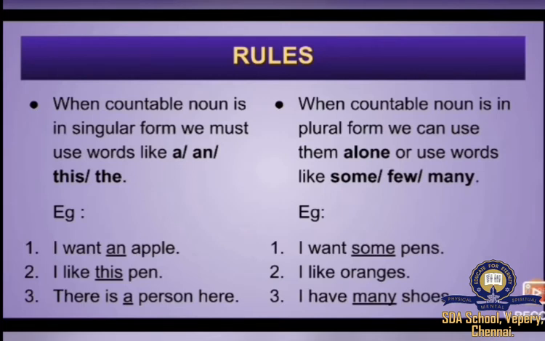So first we saw that a countable noun can be counted by the use of cardinal numbers. Secondly, we saw the possibilities. They can either be singular or plural. So the rule is when it's in singular, you use an indefinite article, and when they are in plural form, they can stand alone or you can use words like some, few or many.